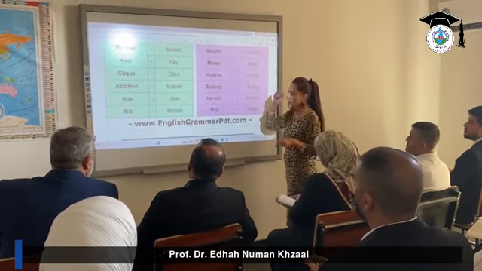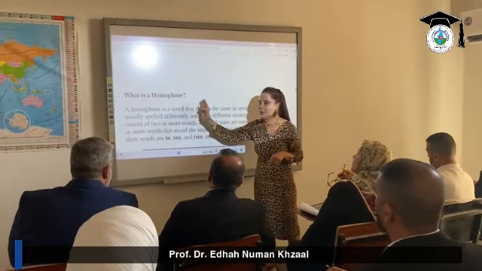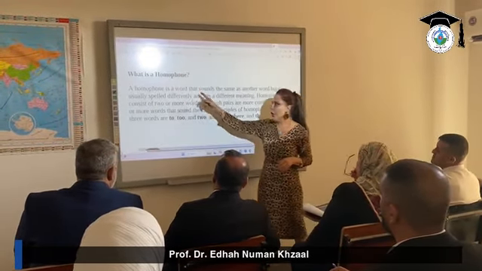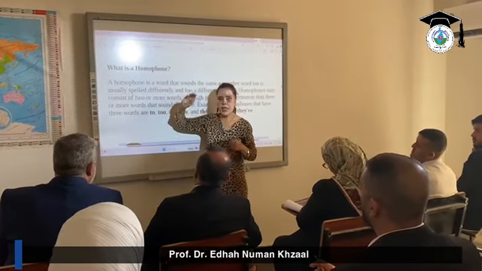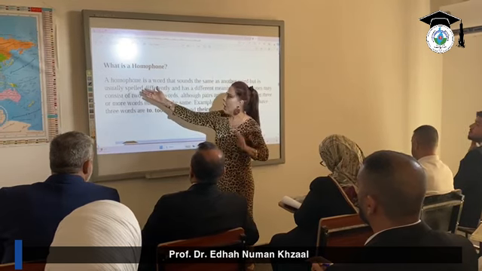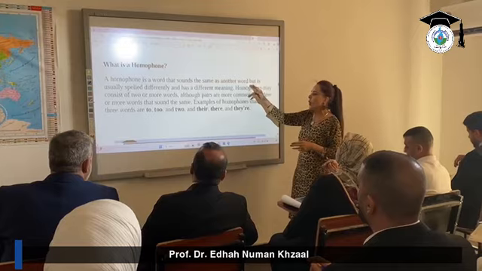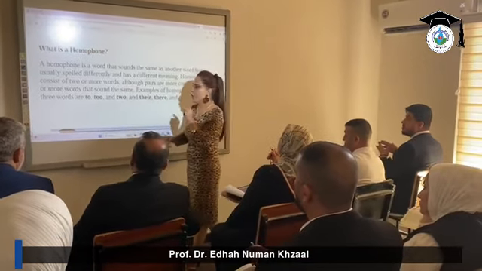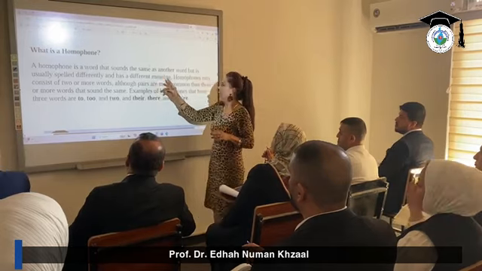We come to the next expression, what we call homophones. What is meant by homophones? Homophone comes from two words: homo means the same, and phone means sound. So a homophone is a word that sounds the same as another word but is usually spelled differently and has a different meaning.